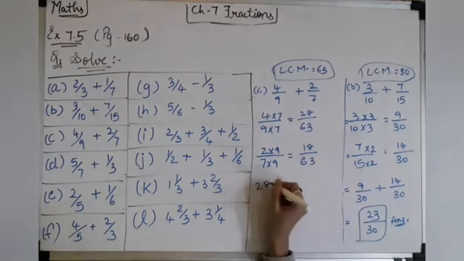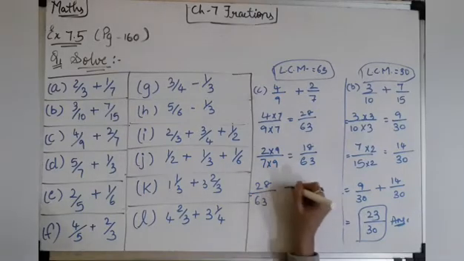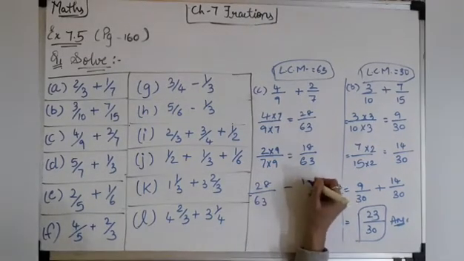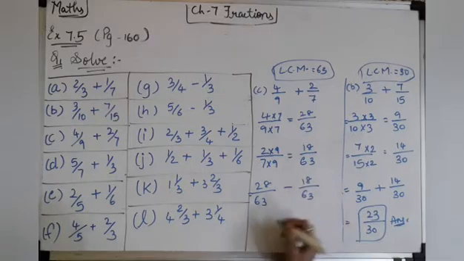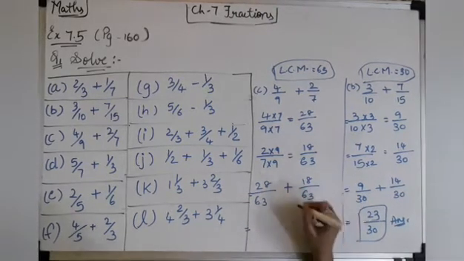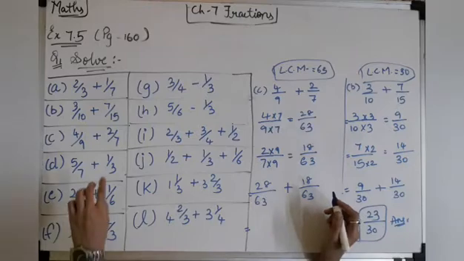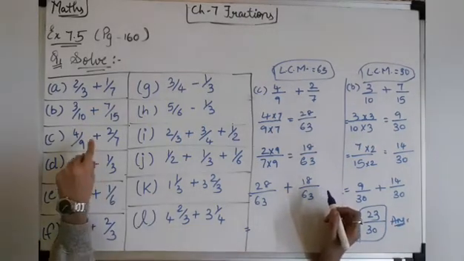So here we got 28 upon 63 minus, sorry, plus 18 upon 63. Addition is there in this C number.